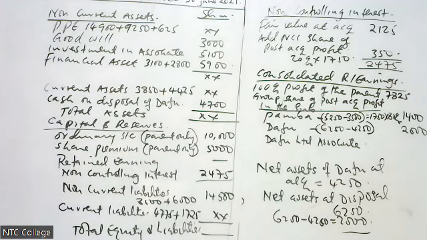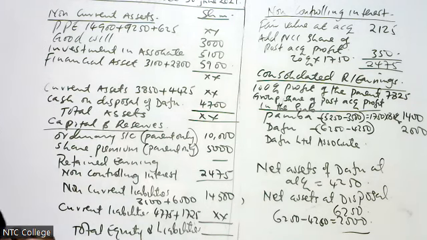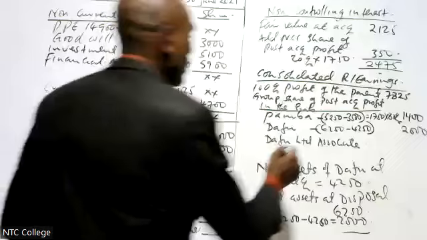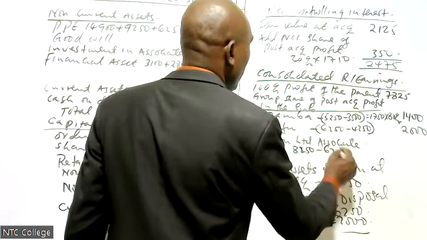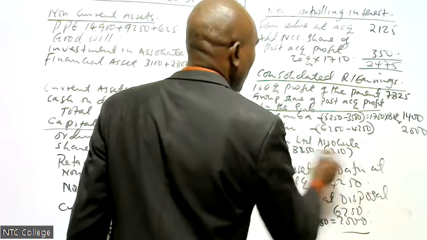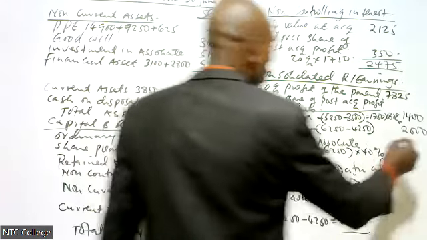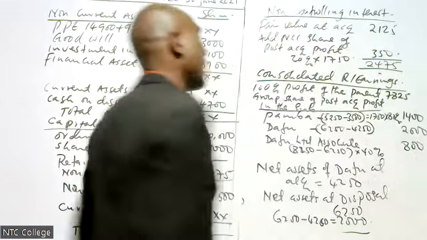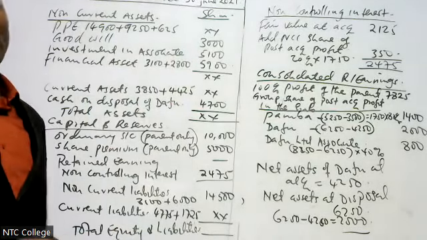When it was an associate, we took 8250 minus 6250, as I already explained. Whatever I get times 40%, we got 800. That is the share of profit in DAF Limited when it was an associate.